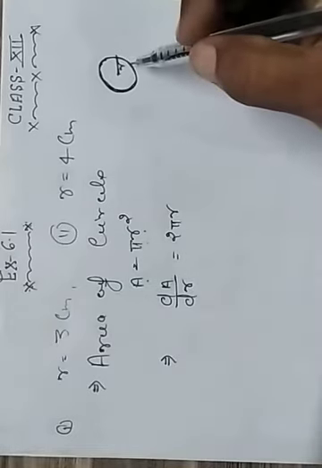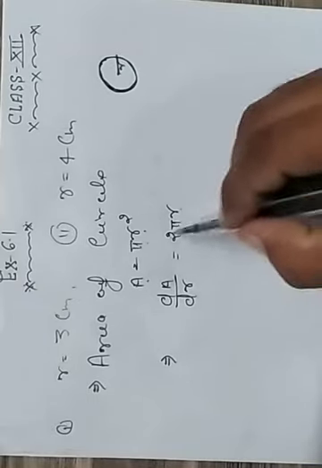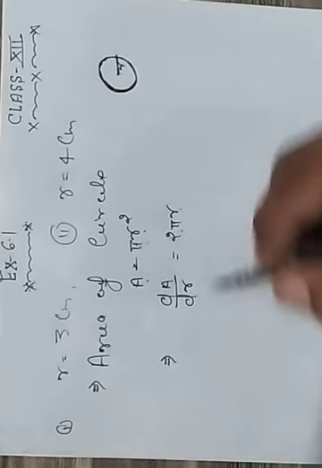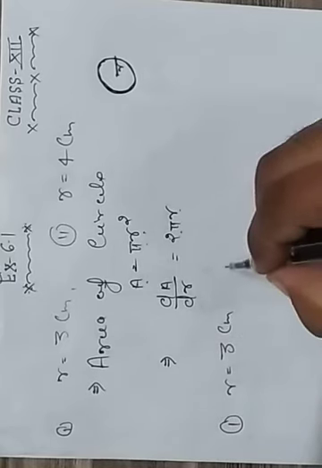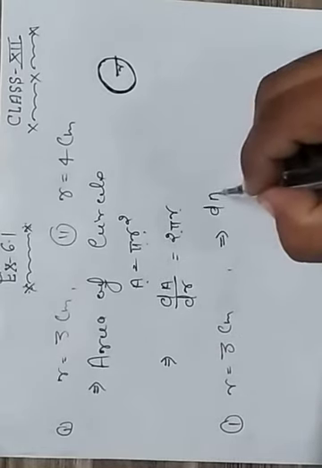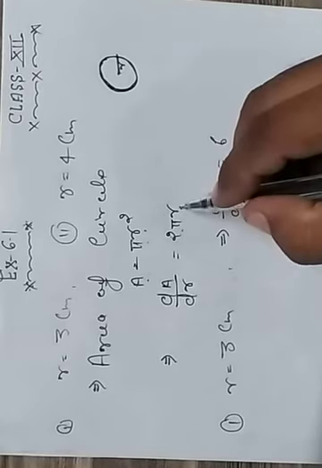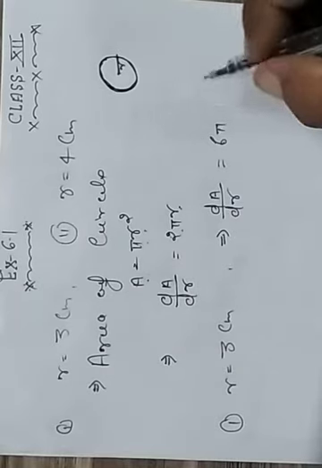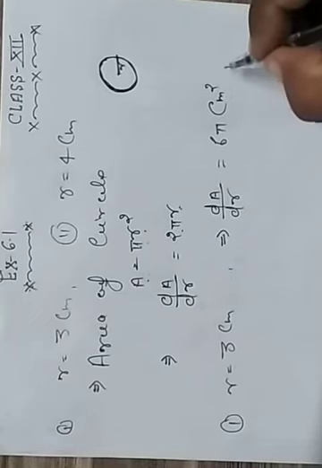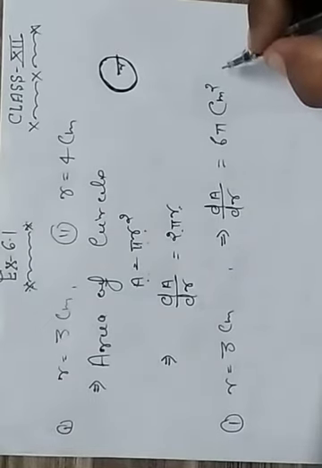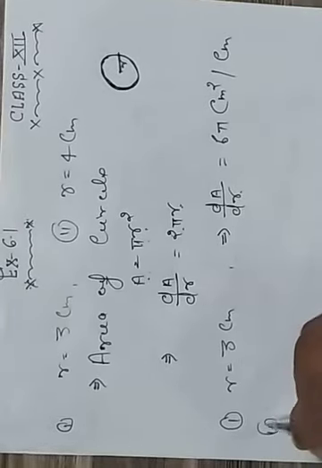dA upon dr means rate of change of area. So now we can find the rate of change of area by putting different values of r in 2 pi r. First case, when radius is equal to 3 centimeter, the rate of change of area dA upon dr is equal to 2 pi into 3, that is 6 pi centimeter square per centimeter, with respect to radius.